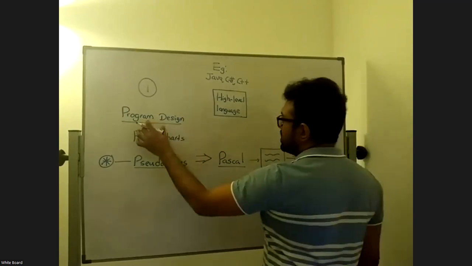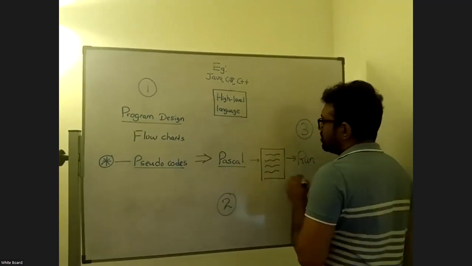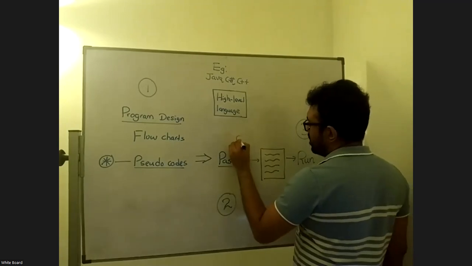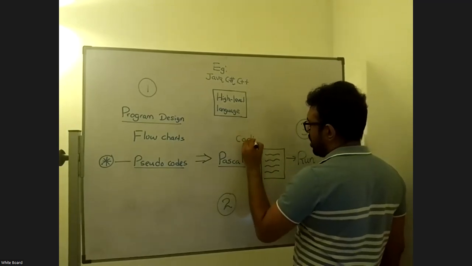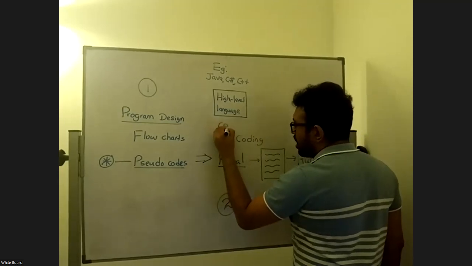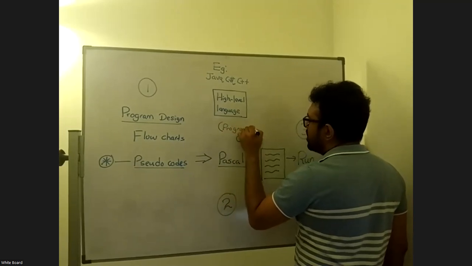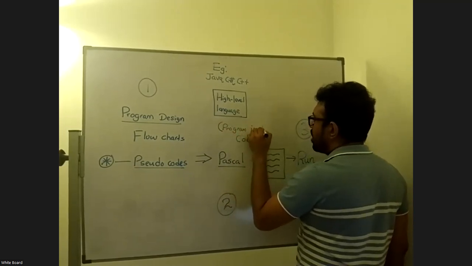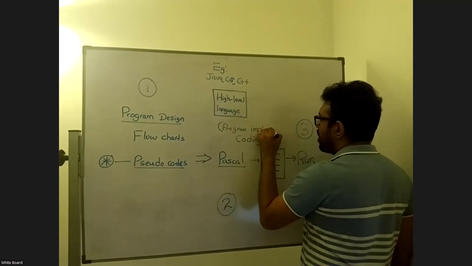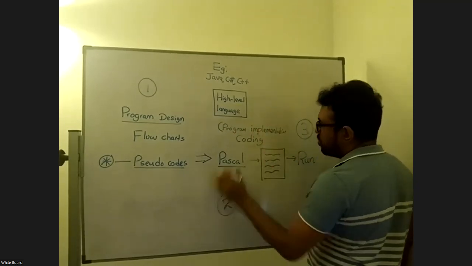So program design, selecting a language, then coding it, and we call this coding or program implementation. So number 2 is program implementation.